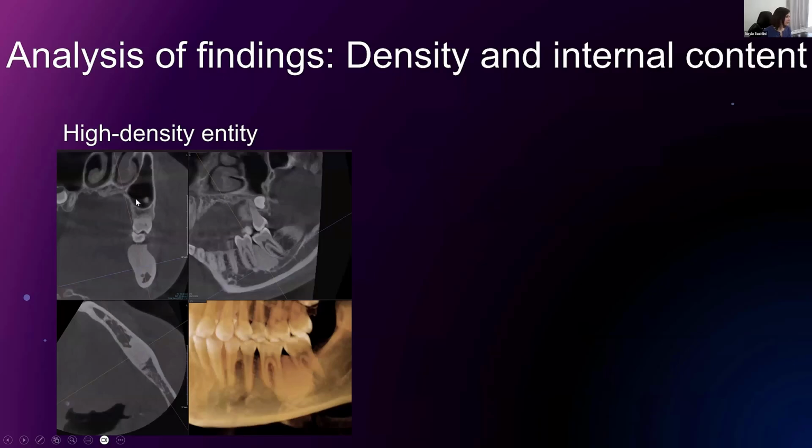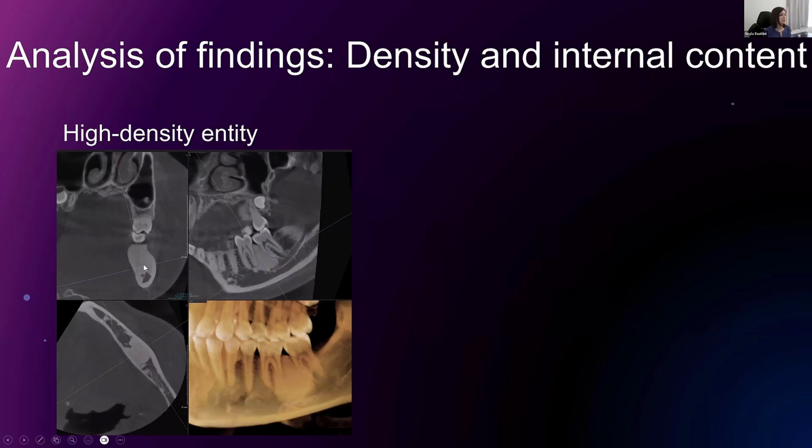This is a case in the left mandible where we have an area of increased density. And this is a case of idiopathic osteosclerosis or dense bone island. As its name mentions, it's a denser and hypovascularized bone.